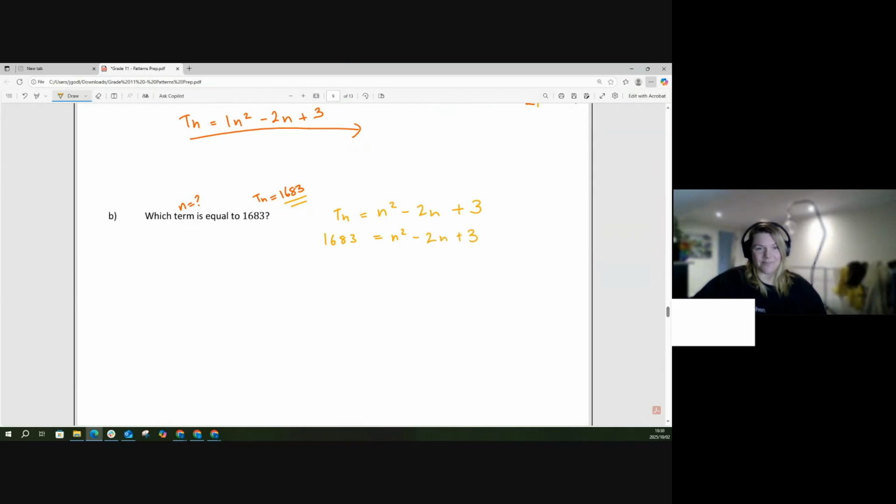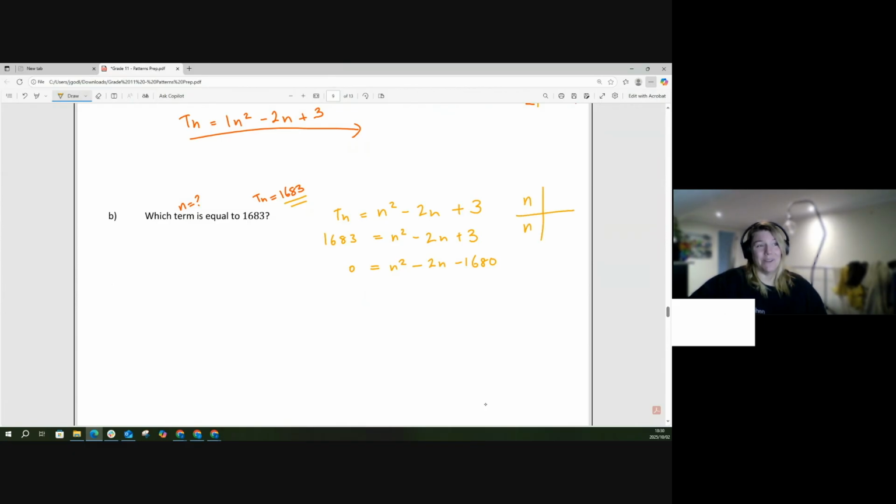Okay. So I'm going to move everything to one side so it's equal to 0. Now you can use the quadratic formula here because this is a really nasty question to try and factorize, but it does actually factorize quite well.